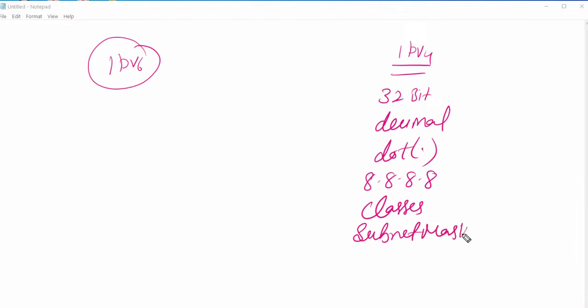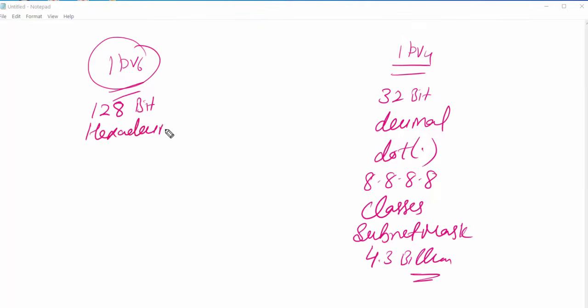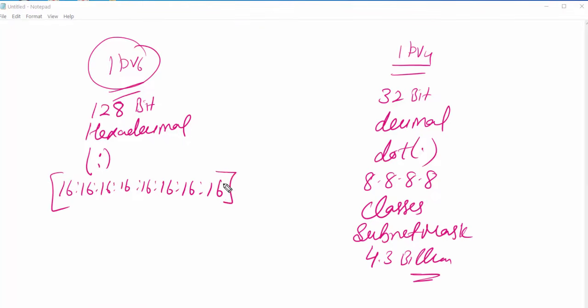It gives approximately 4.3 billion addresses. IPv6 is a 128-bit address in hexadecimal format, represented by colons, in groups of 16 bits separated by colons. So it is a huge and large IP address.